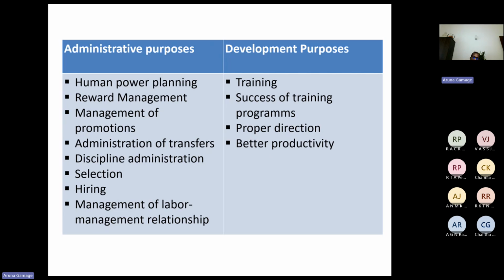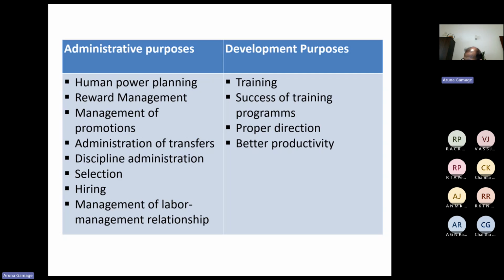If the performance has increased, it indicates that the program is a success, otherwise not. So by comparing performance after and before the program, you can decide whether the program is a success or not.